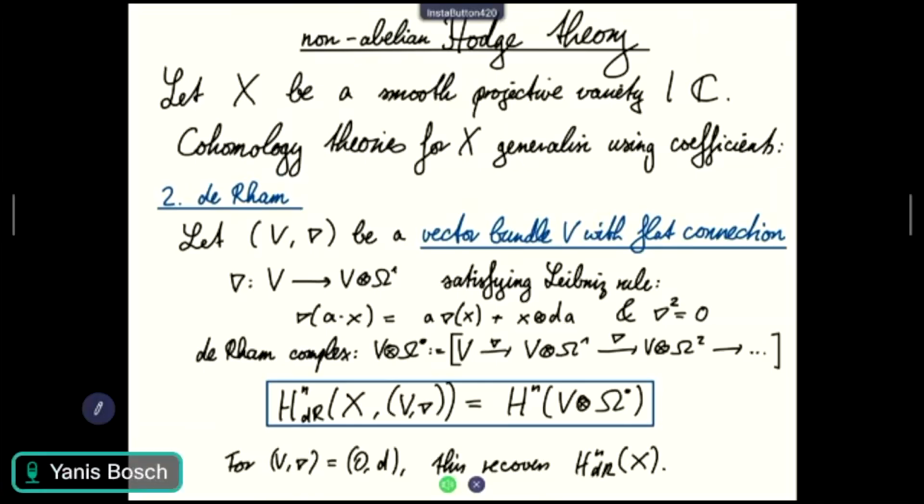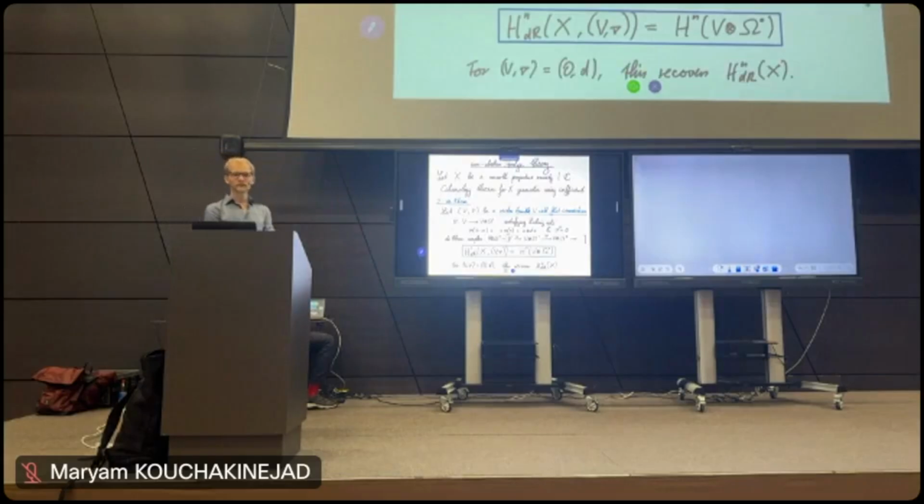And once again, there's a trivial vector bundle with connection, like an identity object, which is just the structure sheaf with the usual derivative. I'm in the setting of differential manifolds, so I can explain what differentiating functions means, and this then recovers de Rham cohomology. So this was really a generalization of de Rham cohomology.